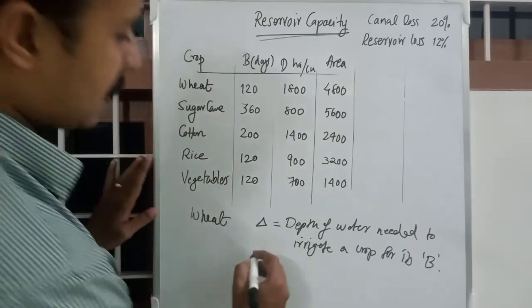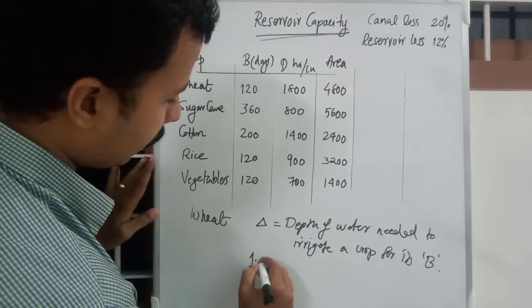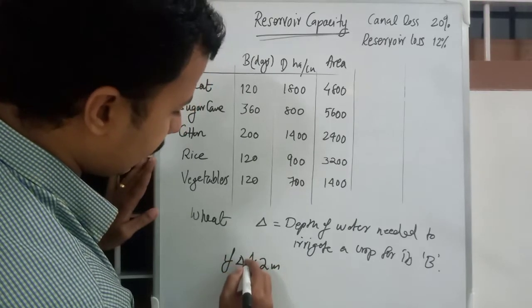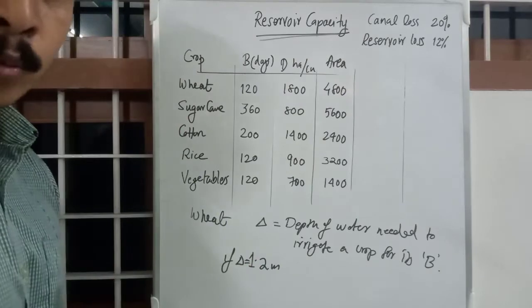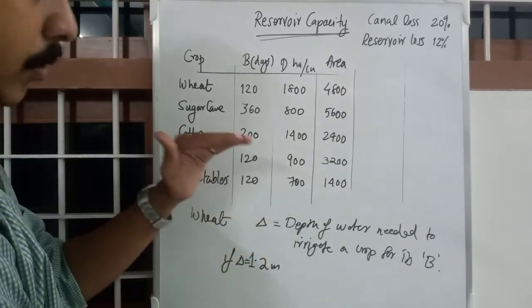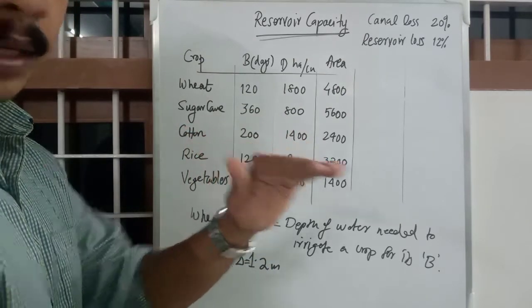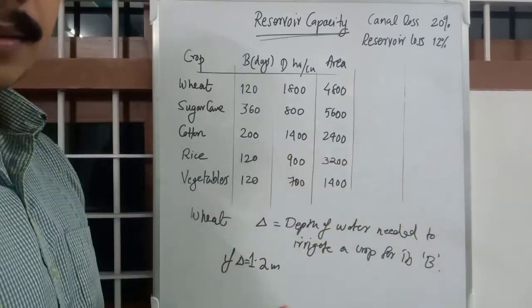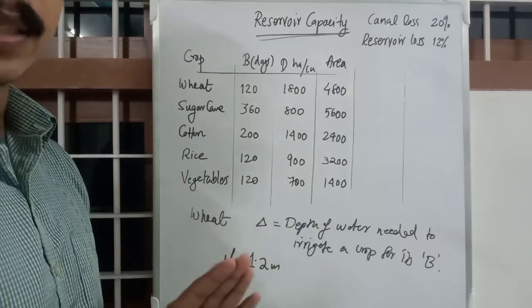Suppose delta is 1.2 meter. That means with 1.2 meter height of water all through the cultivating area, you can cultivate wheat for its base period.